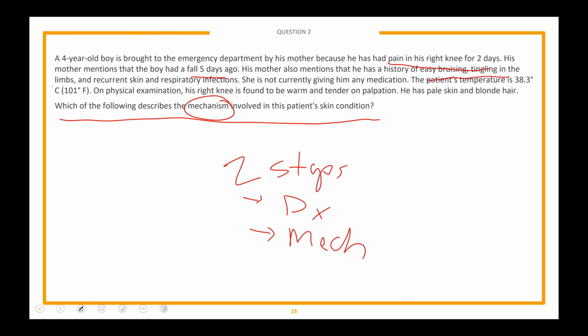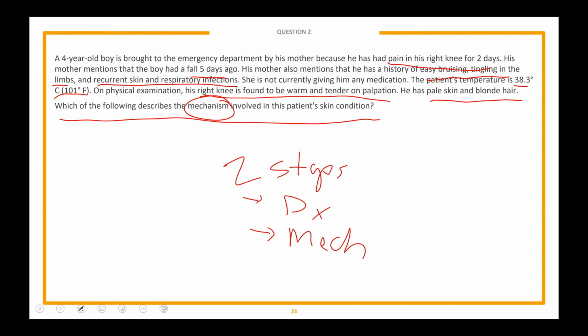She is not currently giving him any medication. The patient's temperature is 101 degrees Fahrenheit. On physical exam, his right knee is found to be warm and tender on palpation, and he has pale skin and blonde hair.